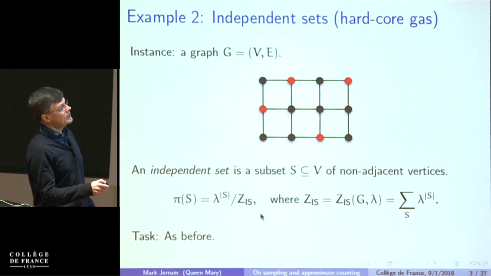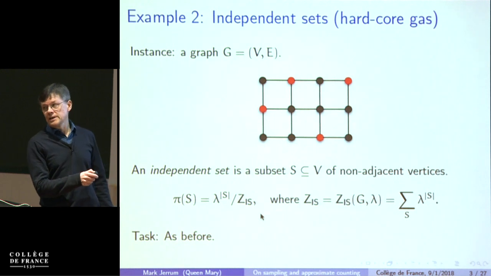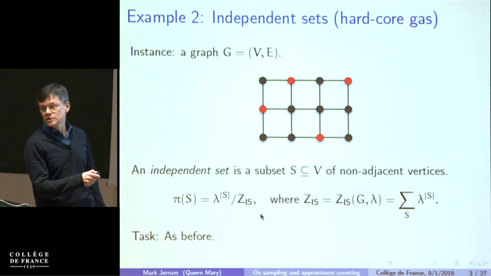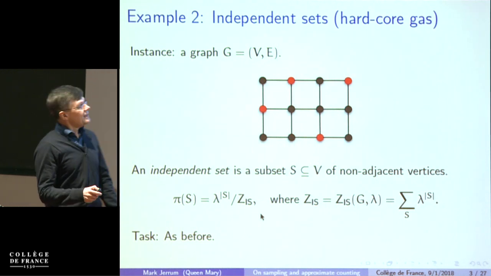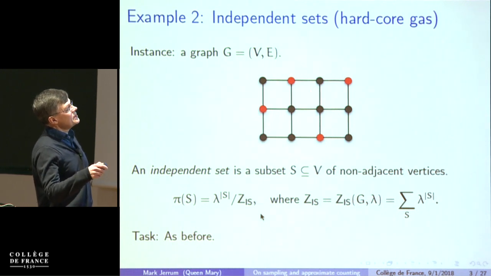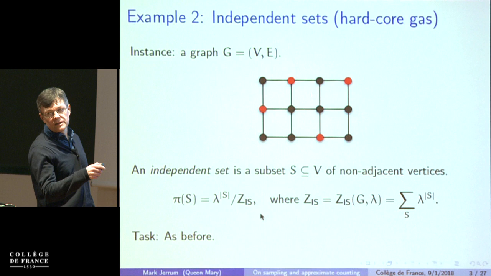So if lambda is 1, the task is merely to sample uniformly at random an independent set, namely one of these things which avoid collisions. So it's the same story. This is a crystal. Things get stuck on the surface, but they don't like each other, so they're not allowed to be adjacent.